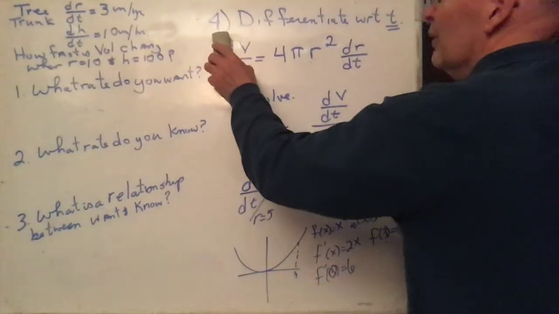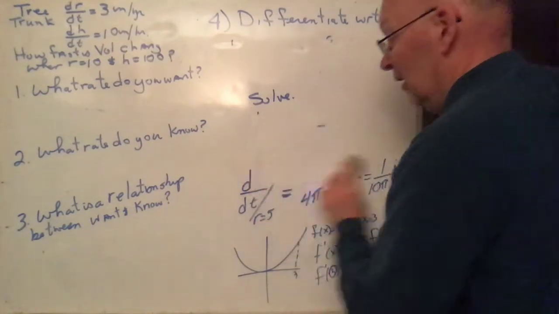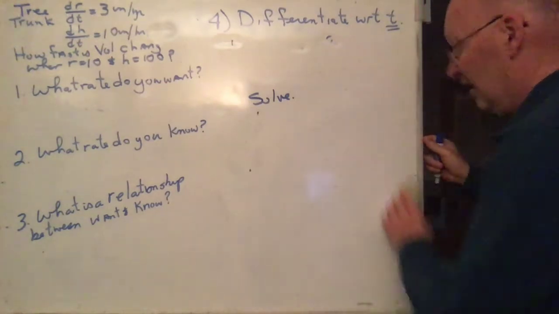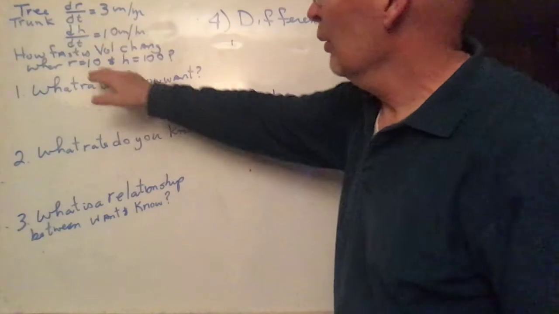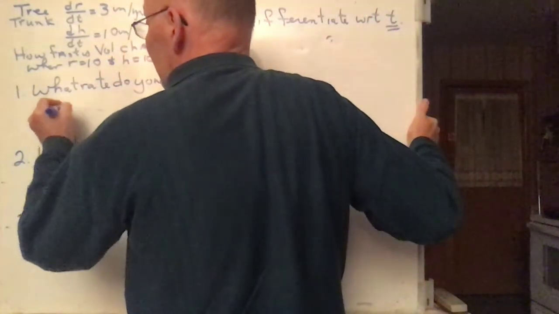Okay, so let's get rid of all this stuff. We'll keep the same questions there, and see what we get. So what rate do you want? We want the rate at which the volume is changing, so let's write dV/dt.